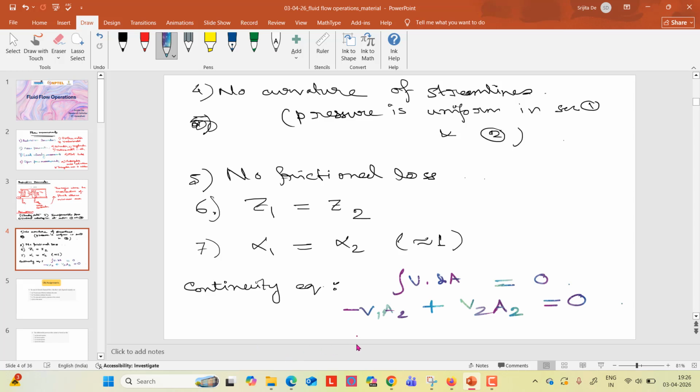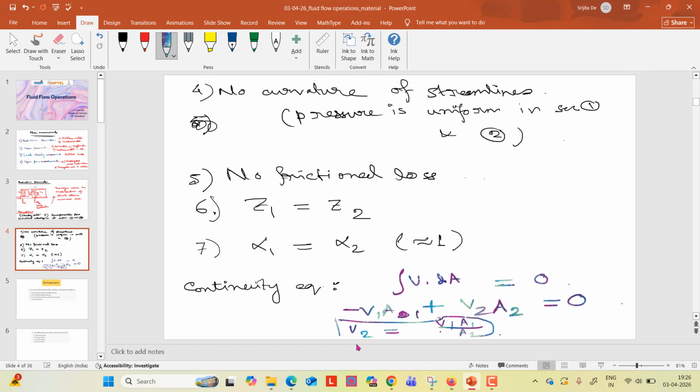That means V2 is coming as V1 A1 by A2, right?